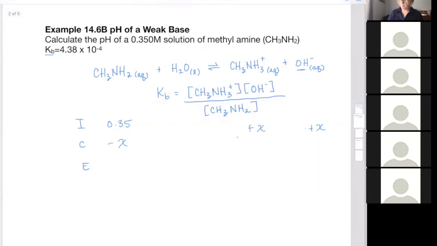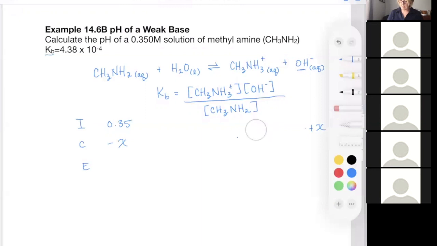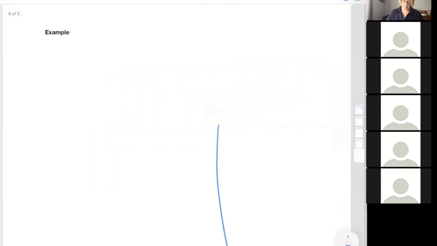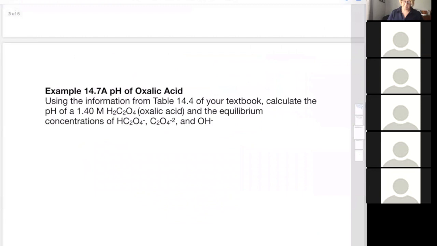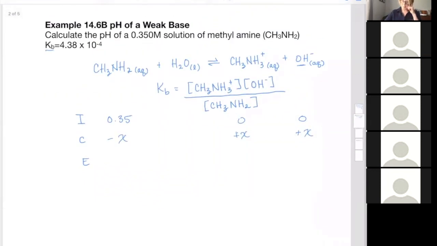Okay, back up. I really do need to put the balanced equation right above so I don't get mixed up. Okay, so initially these should be 0. And now we have plus x and plus x. There we go. Equilibrium then, 0.35 minus x and x and x.